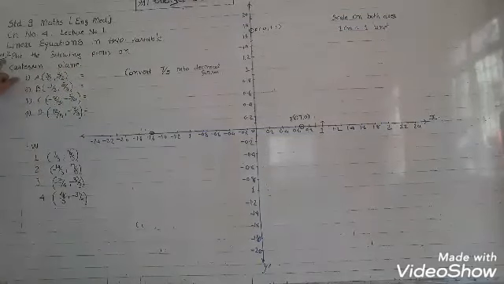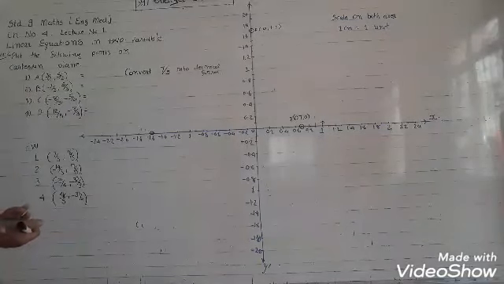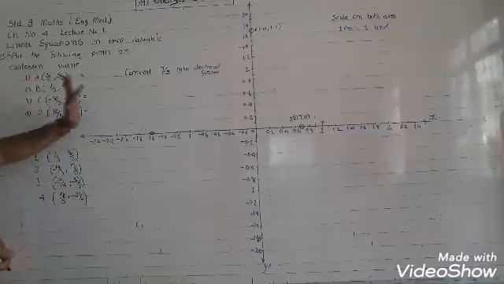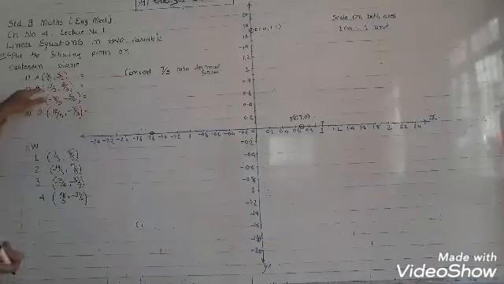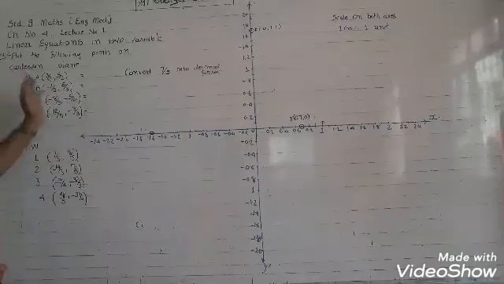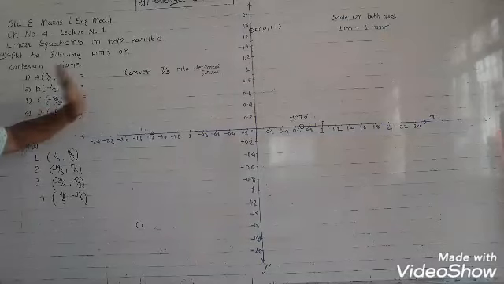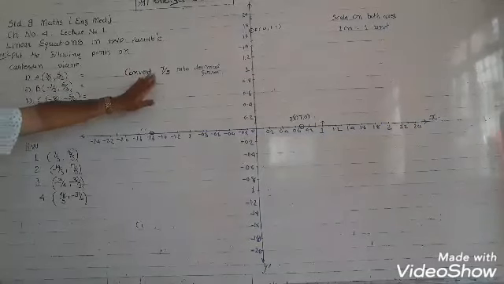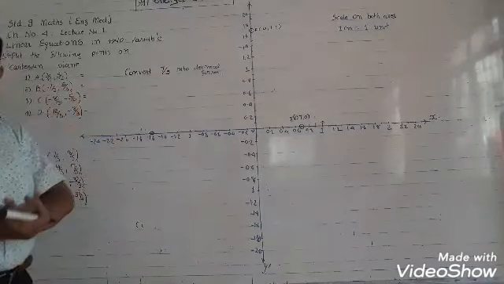Example number 2. In the first, we have learned about decimals. Here the only thing is that these fractions are converted into decimals, then plotted. Suppose I have taken one simple example: convert 7 upon 5 into decimal form.